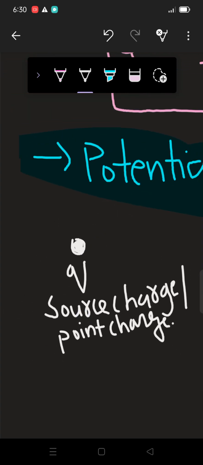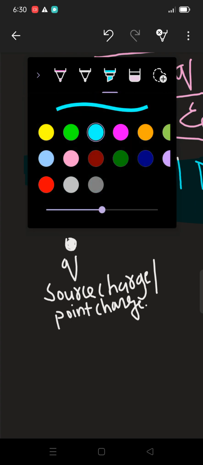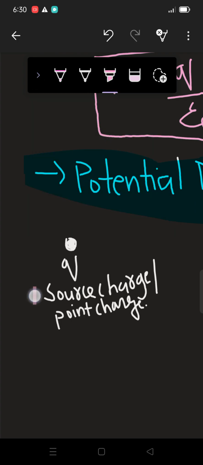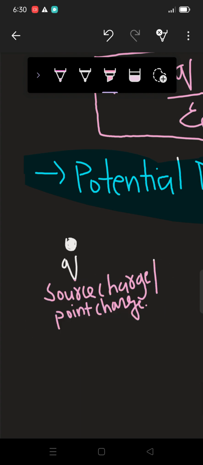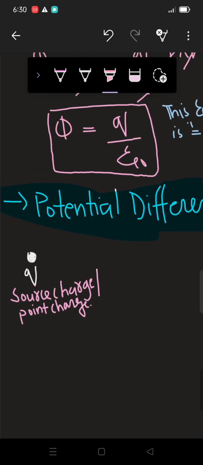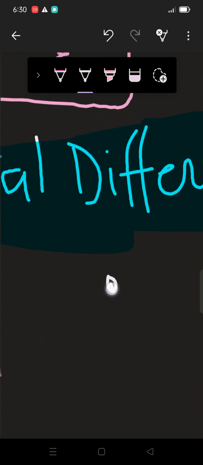So why is this termed a source charge? Since it is the source for the electric line of force, that's why it is known as source charge, or we can say it is a point charge as well. Alright, so now here we have another charge which is placed at the lower potential. We'll be discussing that as well.